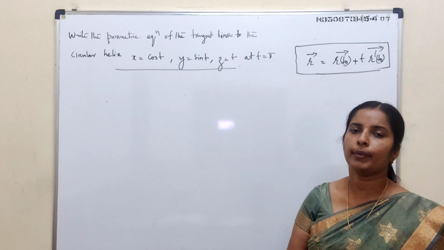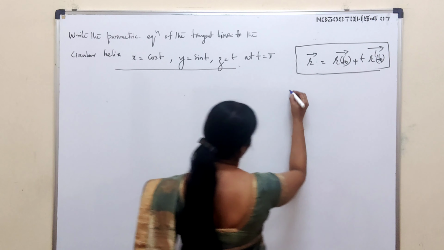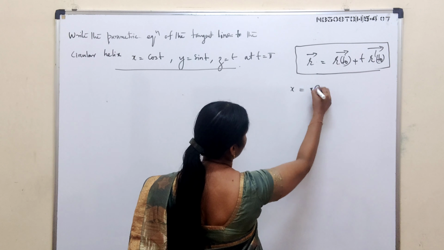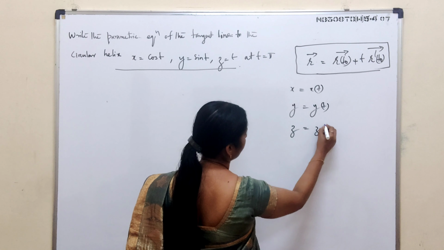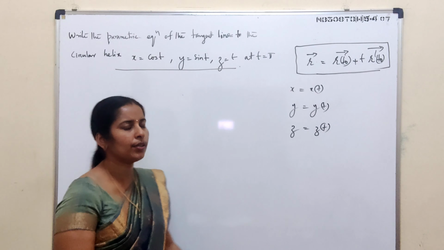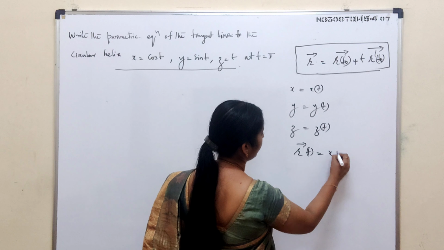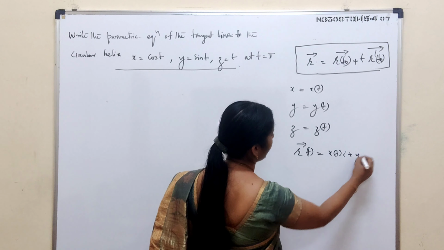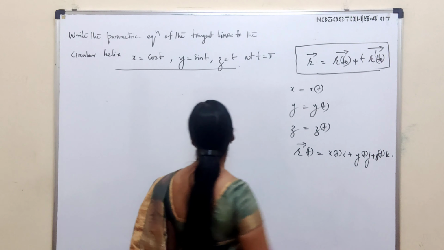If we know the parametric equations of a curve, suppose they are x equal to x(t), y equal to y(t), and z equal to z(t), then the equation of the curve is vector r(t) equal to x(t) i plus y(t) j plus z(t) k.